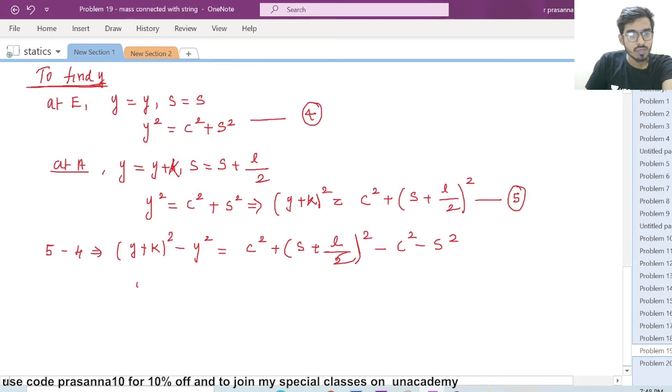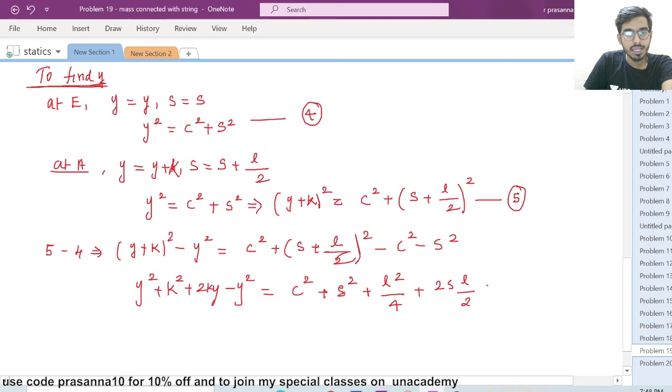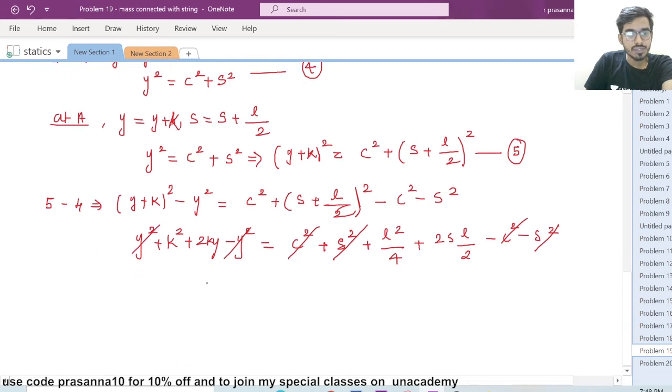When you expand this, you will have y square plus k square plus 2ky minus y square is equal to C square plus, expanding with the A plus B whole square formula, S square plus L square by 4 plus 2S times L by 2, that is 2AB, minus C square minus S square. So these two will get cancelled, and these two will get cancelled. So we are left with k square plus 2ky is equal to L square.